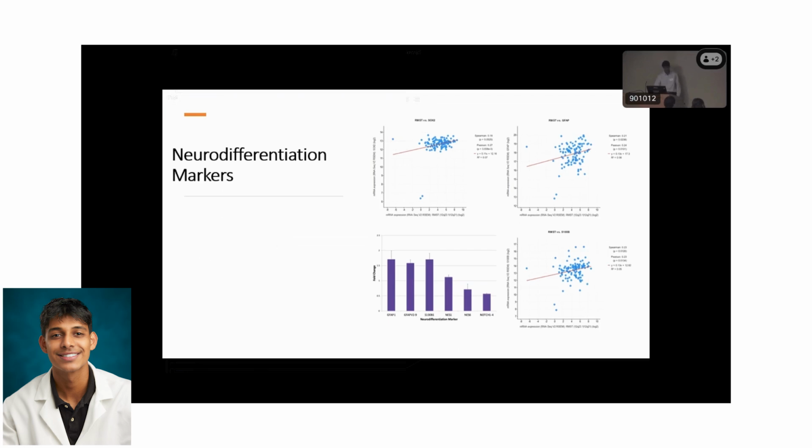Furthermore, there's additional evidence as the scatter plots also show a positive correlation between RMST levels and the neurodifferentiation markers, and these markers specify for astrocytes and neural stem cells. And understanding the relationship between RMST and the neurodifferentiation markers can shed light on the tumor microenvironment and help us understand how to disrupt these interactions.